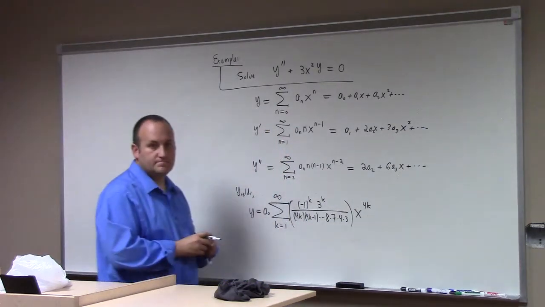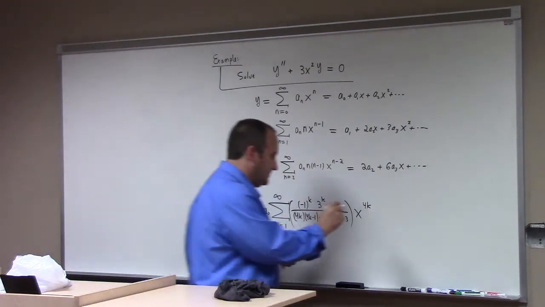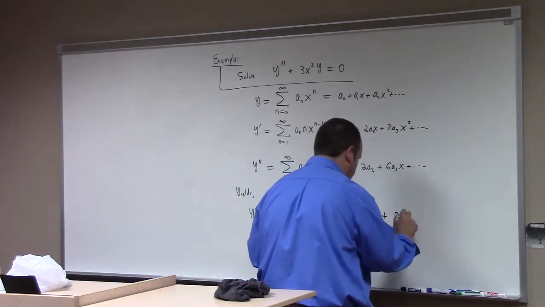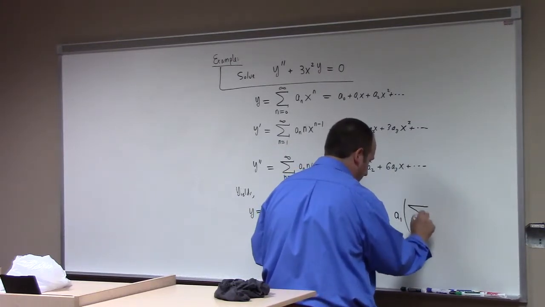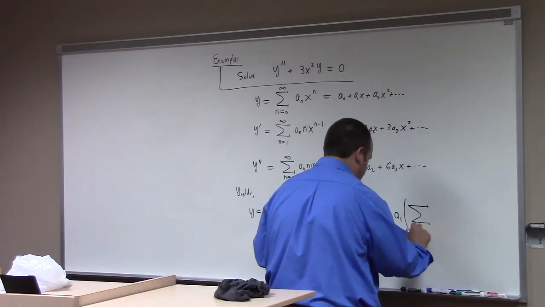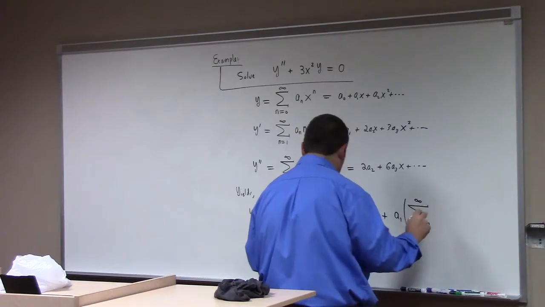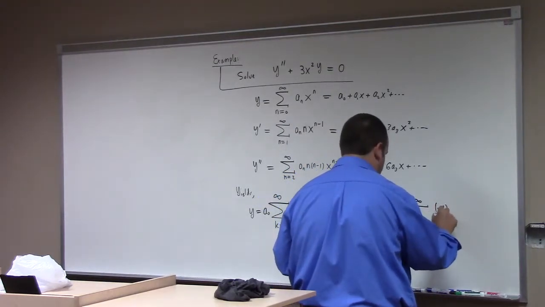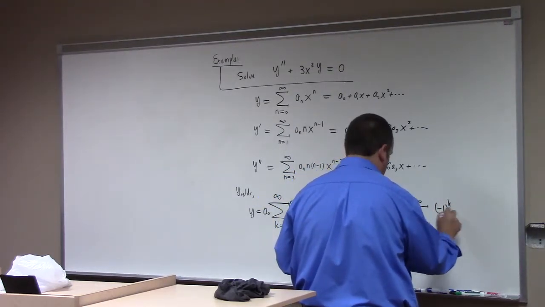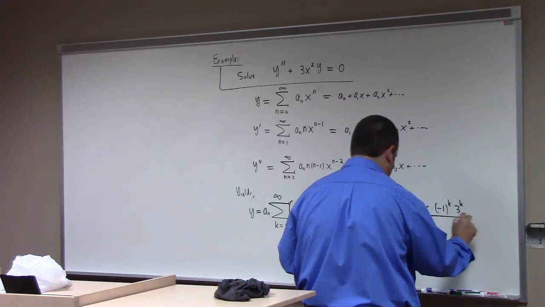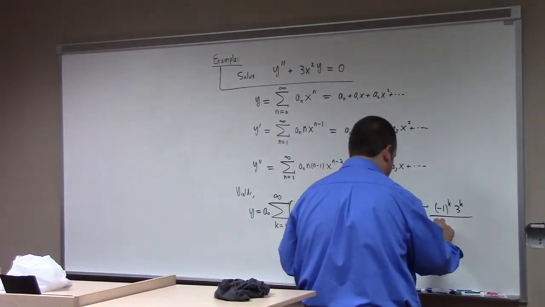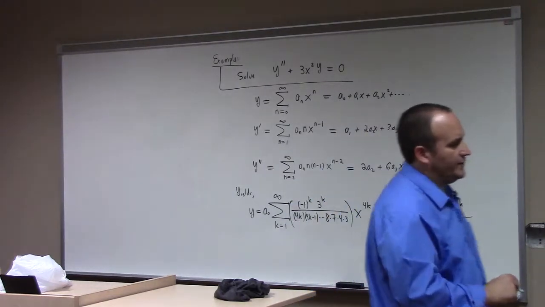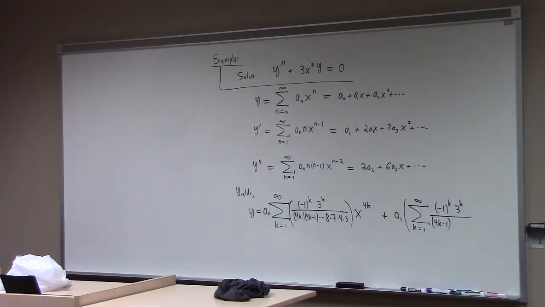right? And then plus a sub 1 sum k equals 1 to infinity of minus 1 to the k, 3 to the power k, over 4k minus 1, or was it plus 1? I can't remember. Yeah, 4k minus 1 times 4k, times 9 times 8 times 5 times 4.